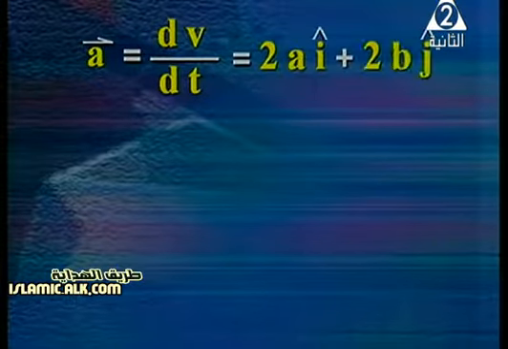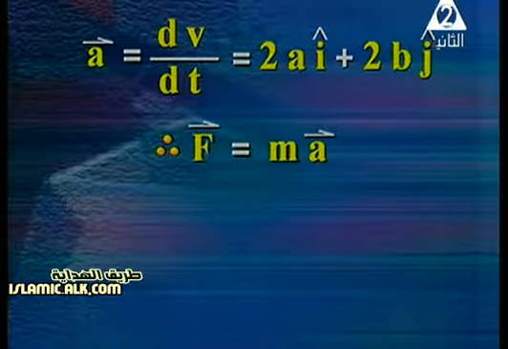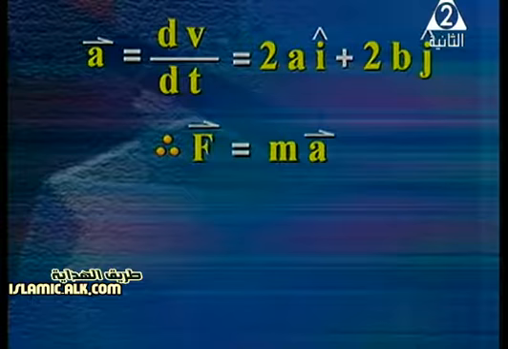The a vector equals dv by dt. By using the derivative of velocity with respect to time t, the a vector, or acceleration vector, equals 2a i plus 2b j. Remember, the a vector means the acceleration vector, but a and b are the variables. Then we know that the force equals m a. M is the mass, a is the acceleration vector.